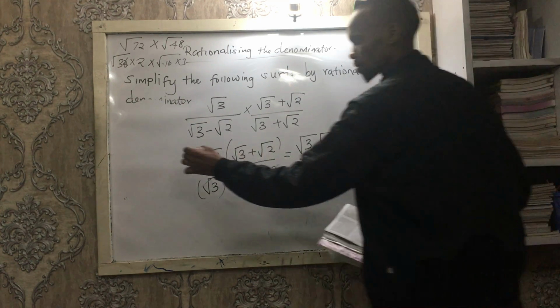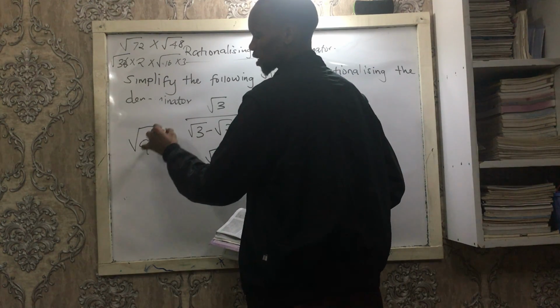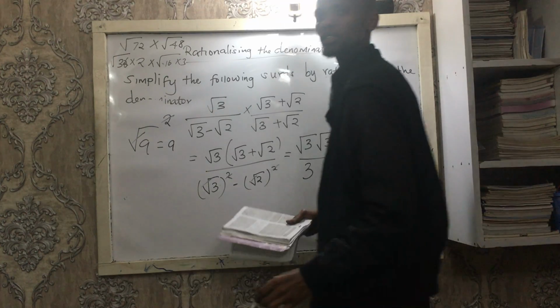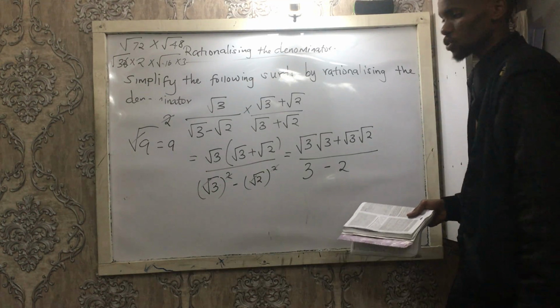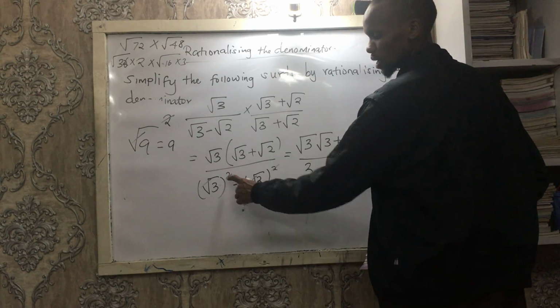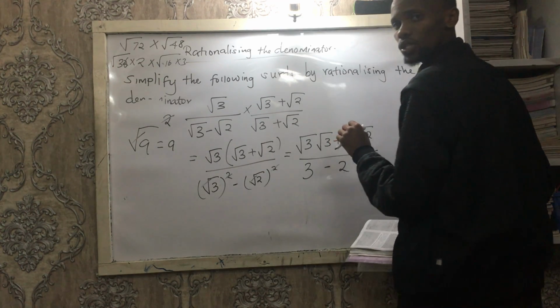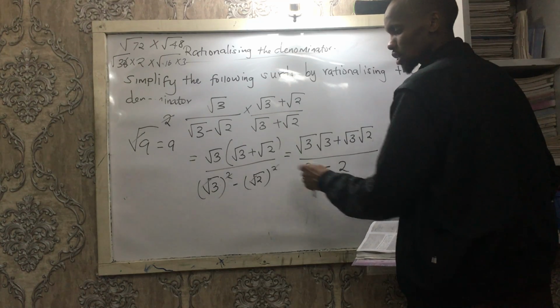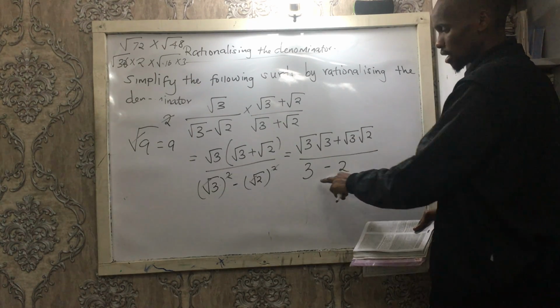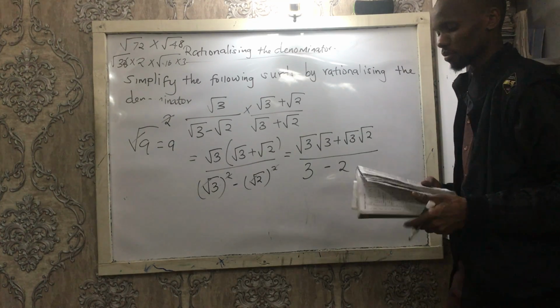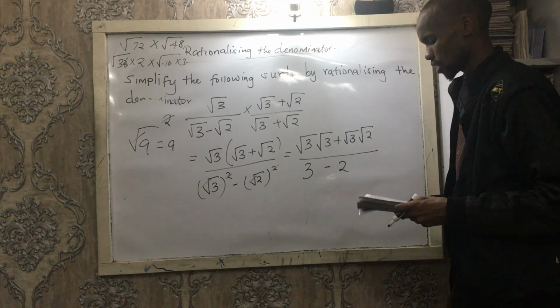Any root a raised to its power is the same as a because this cancels out. Are you getting? Yeah. So I am having root 3 squared, root 2 squared. So this square cancels out the root, so that 3 remains. And this square cancels out the root, so that 2 remains. So that I can have 3 minus 2. Are you getting? Okay.